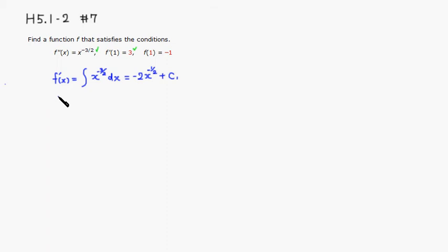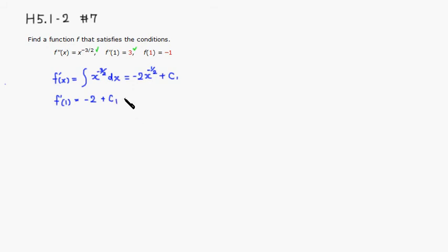We know that when x equals 1, f prime has to be 3. So if you plug in 1 here, it's negative 2 times 1 to anything, which is 1, so it's going to be just negative 2 plus c1.